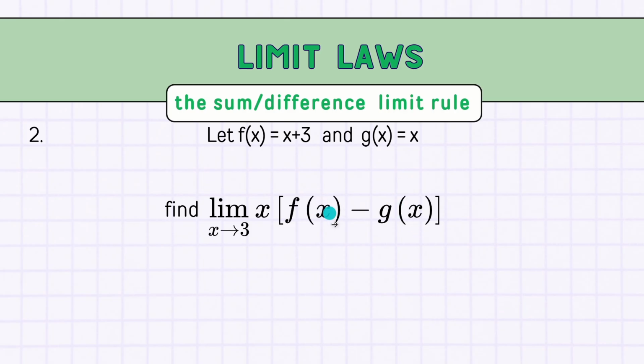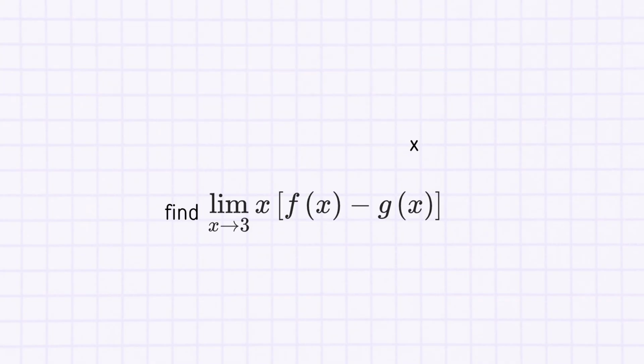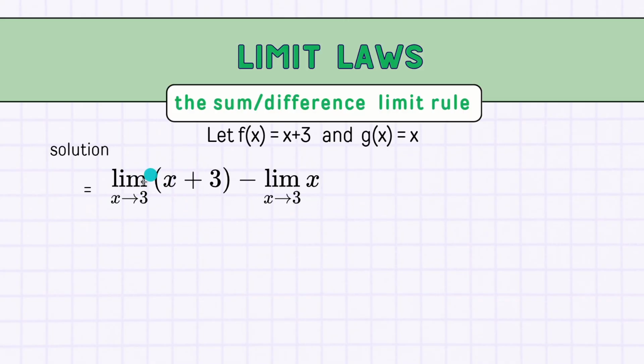So we have x plus 3 minus x. Now we need to apply the difference limit rule to separate the x plus 3 minus x. So we can see we have the limit of x plus 3 minus the limit of x.